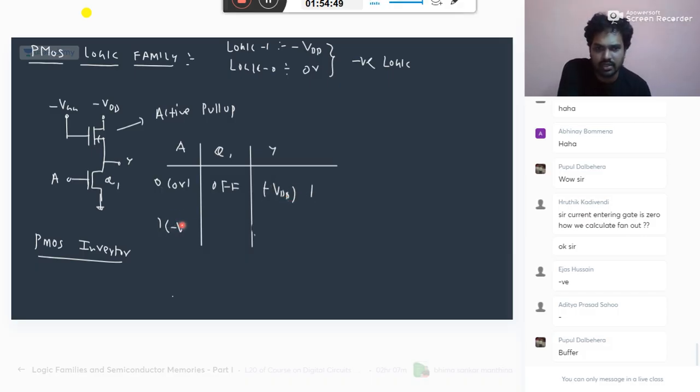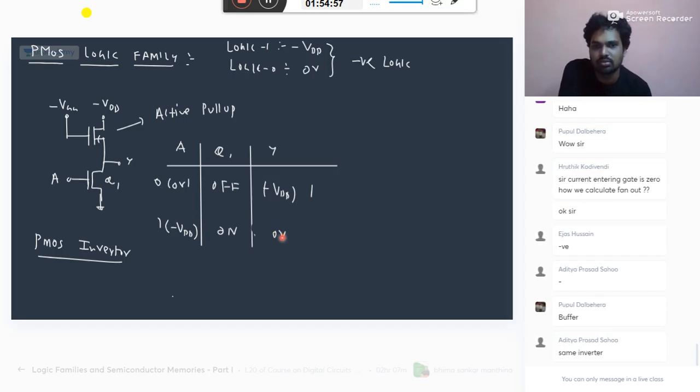If you give 1, minus VDD, it will be on, as the gate to source is negative. And now when it is on, it is 0 volts. Here, understand, it is an inverter only, the same PMOS inverter circuit. But here, 1 is on, 0 is off, because it is discussed in negative logic now.